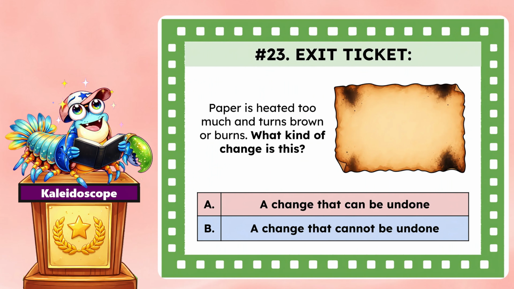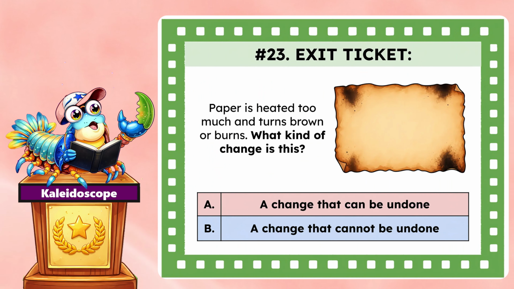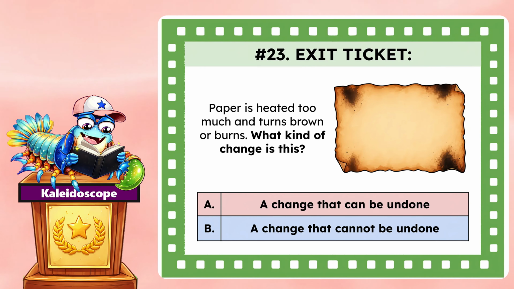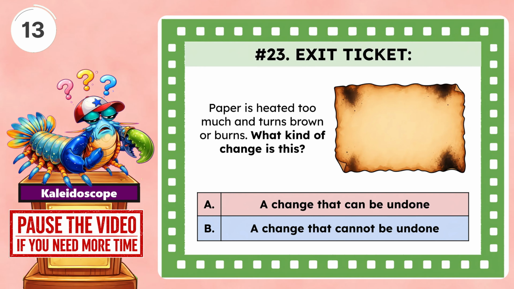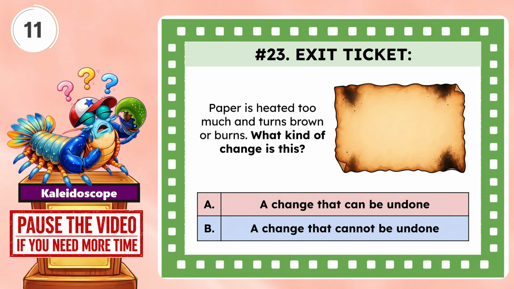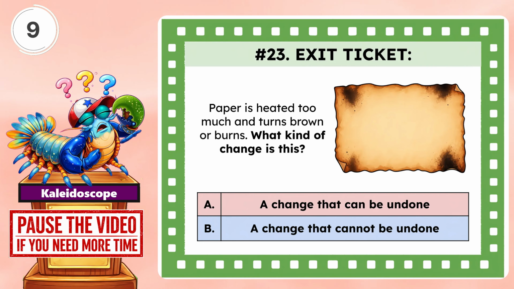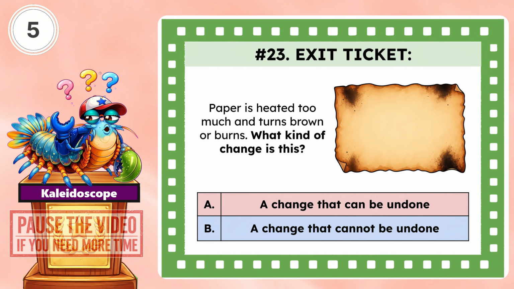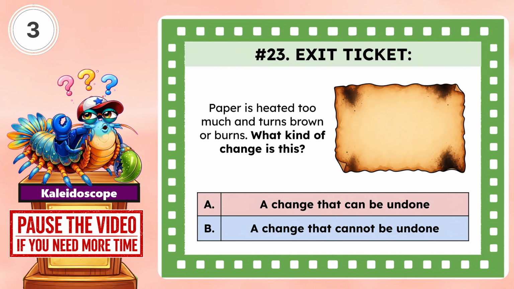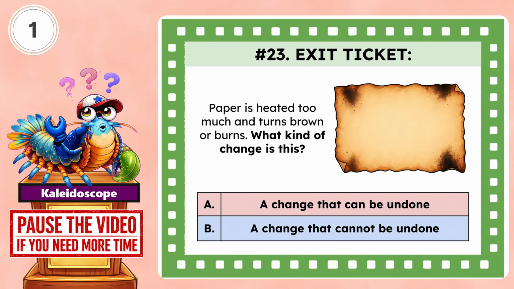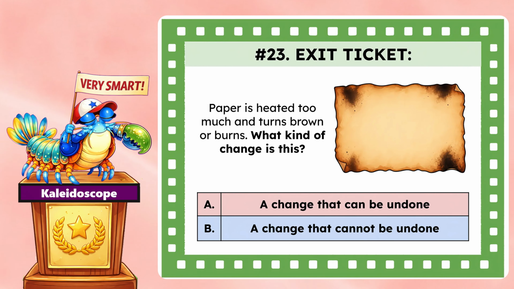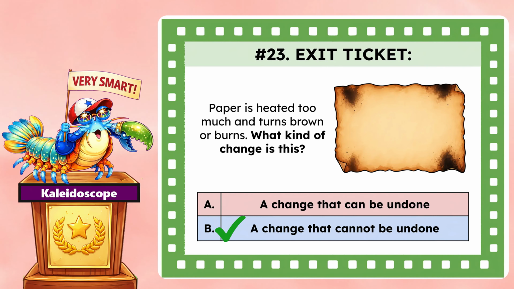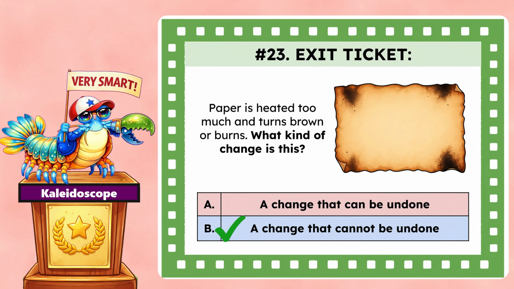Paper is heated too much and turns brown or burns. What kind of change is this? And the correct answer is letter B, a change that cannot be undone.